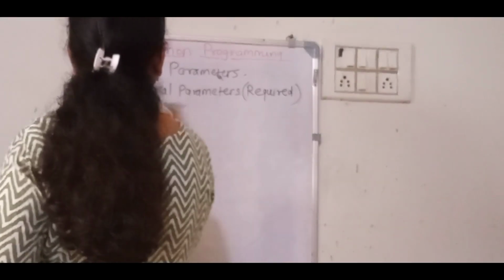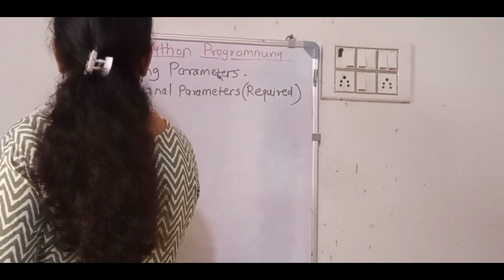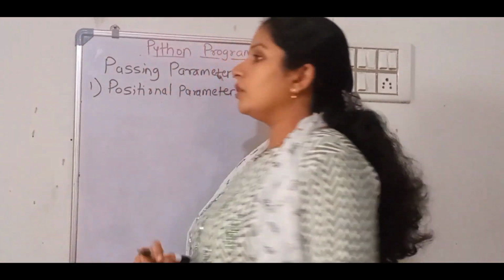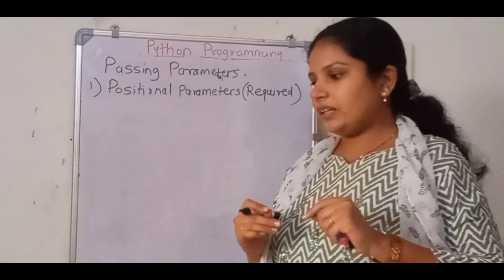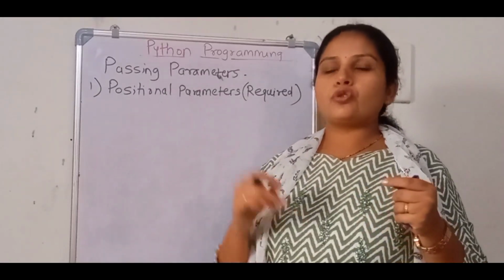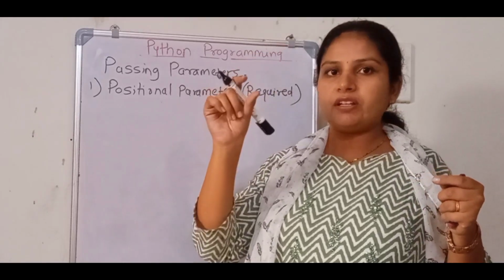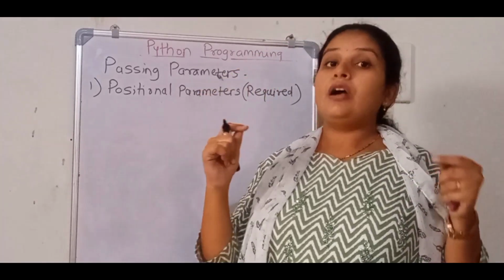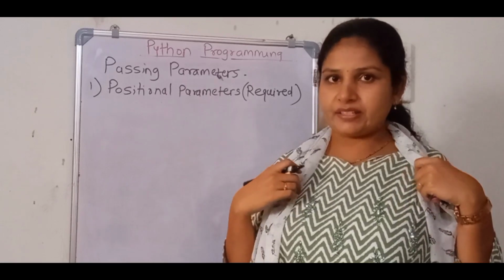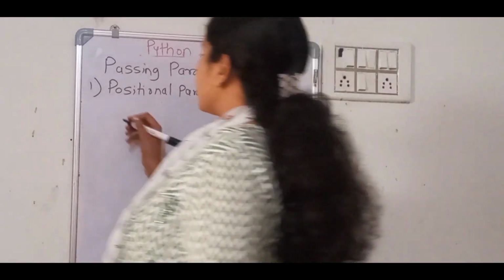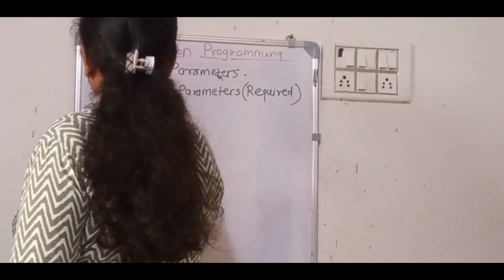So positional parameters means when you are assigning the values to that particular function while calling the function itself, right? So suppose, let's take the example.